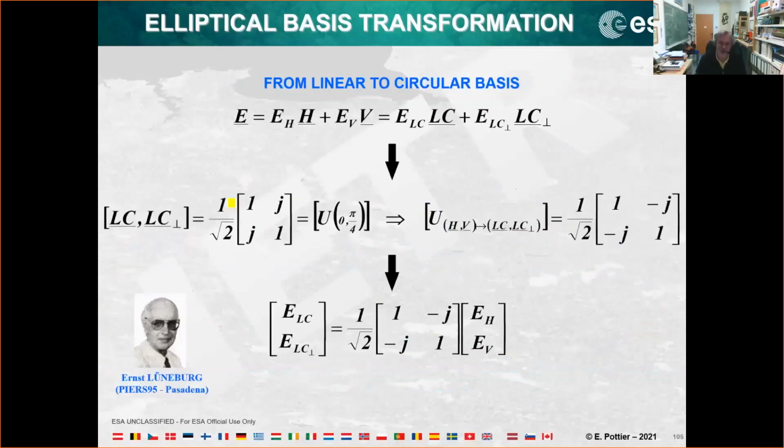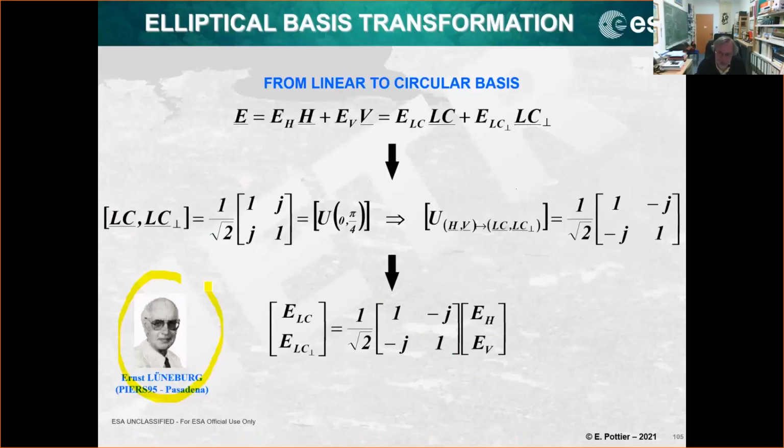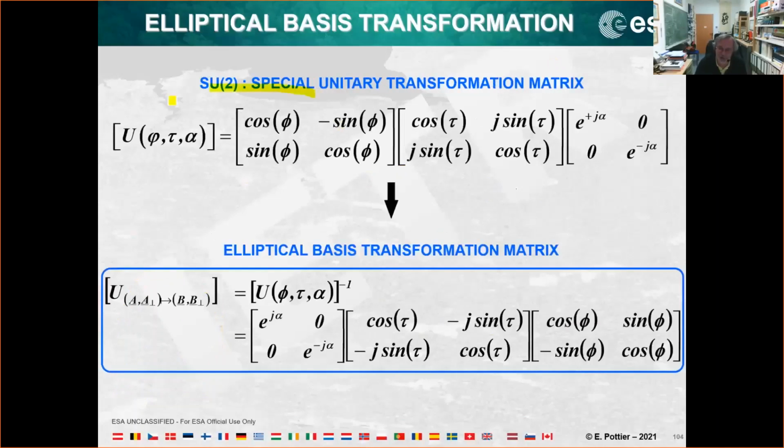And just to summarize this slide, it was a German colleague, Ernst Lueneburg, some years ago, in fact in 95, so 25 years ago. He was the first to demonstrate all this transformation using this special unitary transformation matrix.